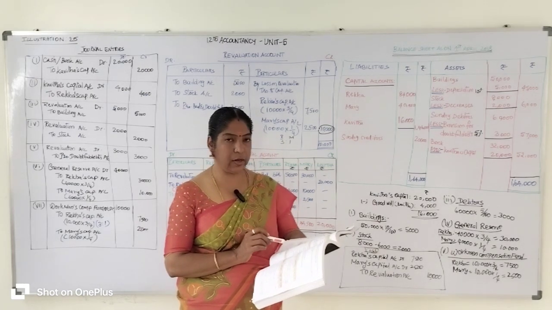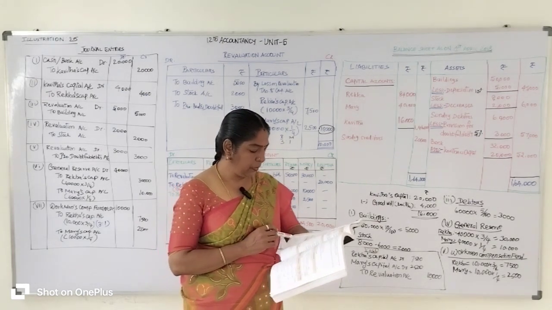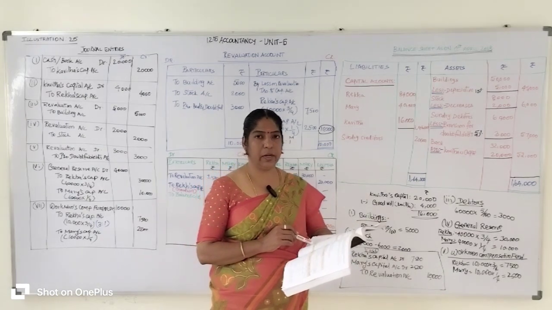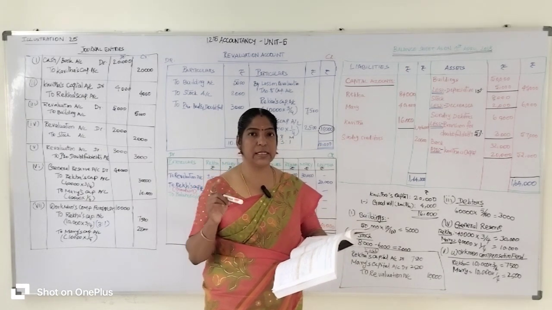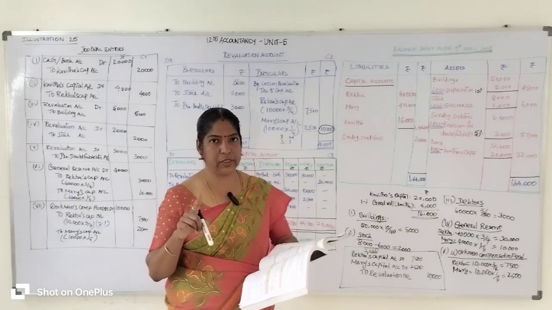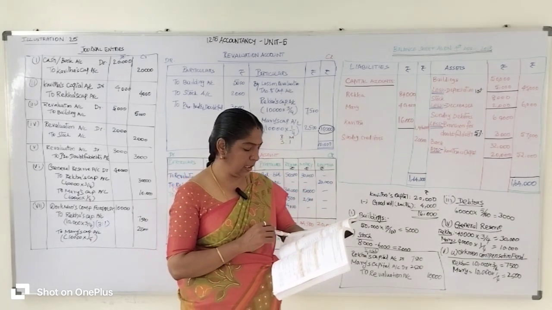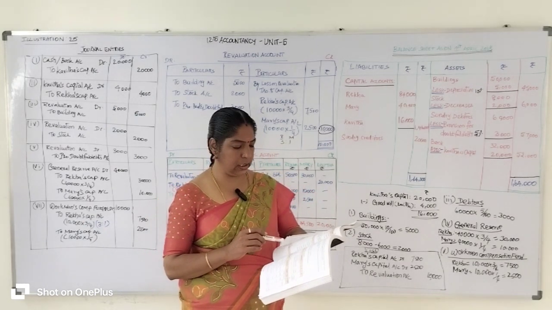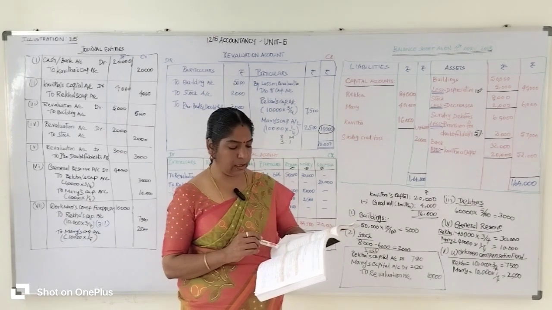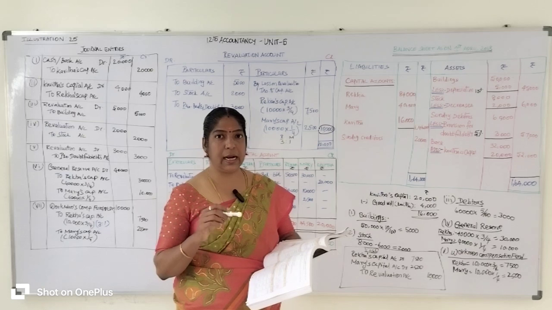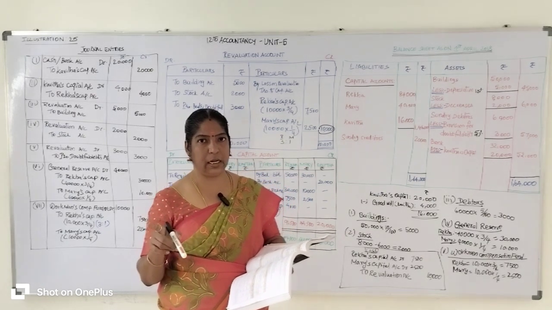Workman's compensation fund goes to capital account, because general reserve and workman compensation fund will be distributed to the old partners capital account with their old profit sharing ratio. Sundry creditors goes to the liability side of the balance sheet, and buildings and other asset side items will all go with adjustment on the asset side of the balance sheet.